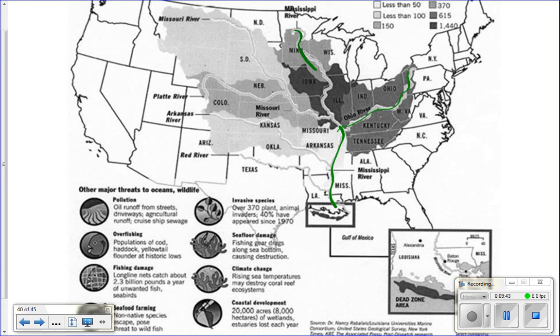The Mississippi actually starts all the way up here. You get the Missouri River that comes and meets here, the Platte River, Arkansas River. They all run into the Mississippi, which eventually drains down into the Gulf of Mexico. So these rivers drain this entire area of the United States.